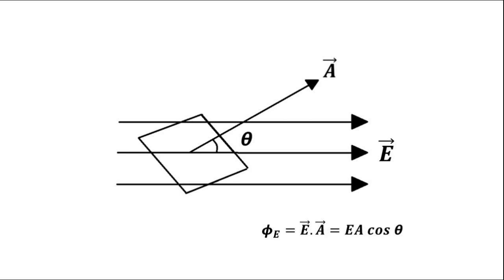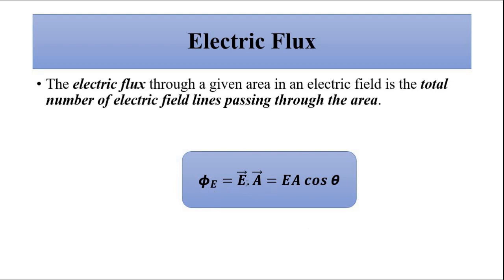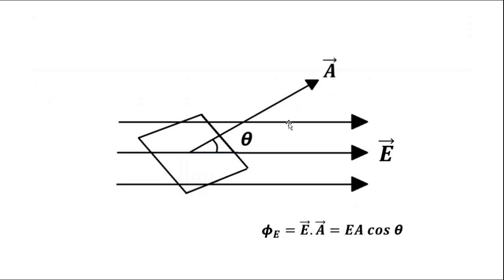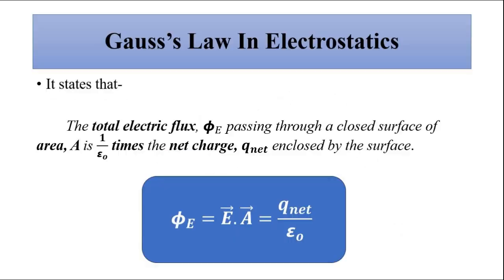So this is EA cos theta, the electric flux. Next is Gauss law of electrostatics.